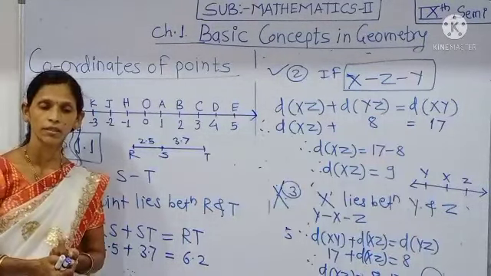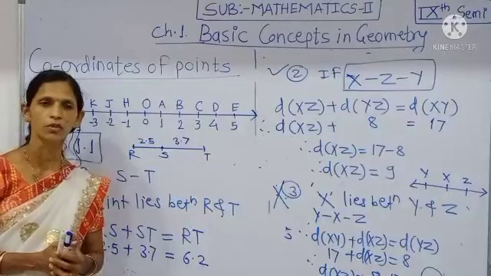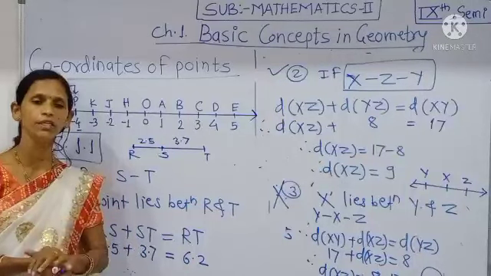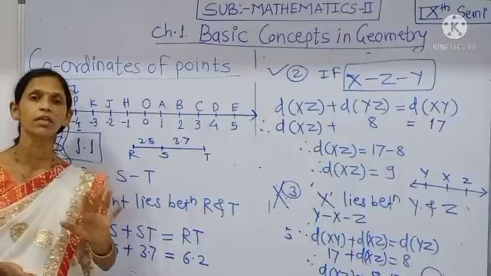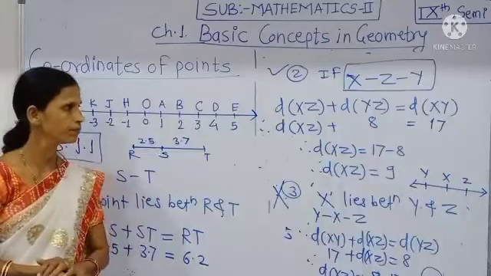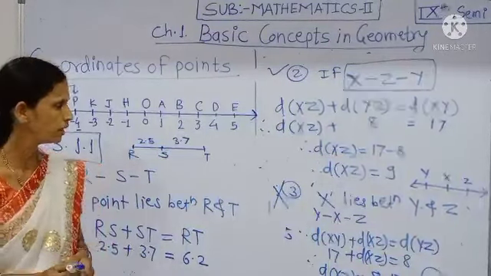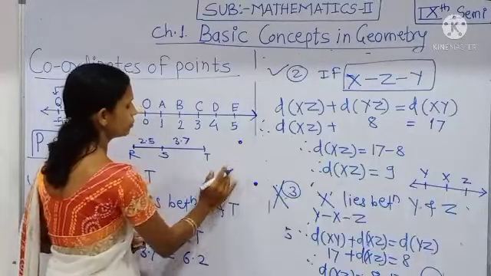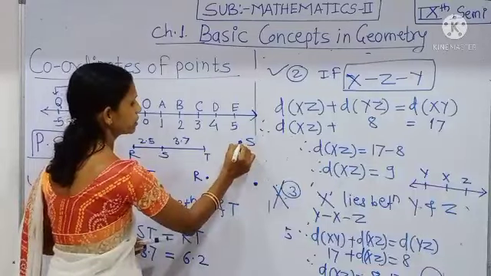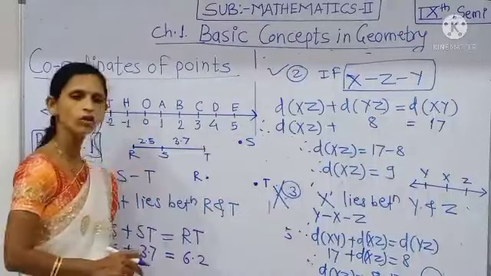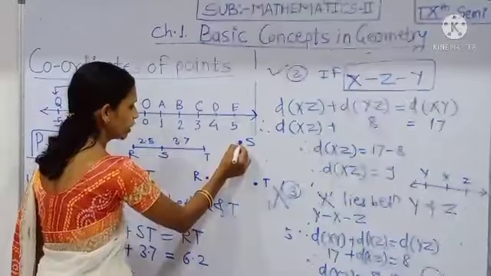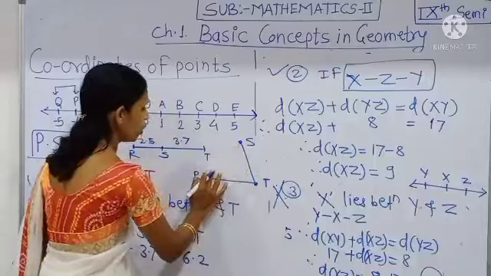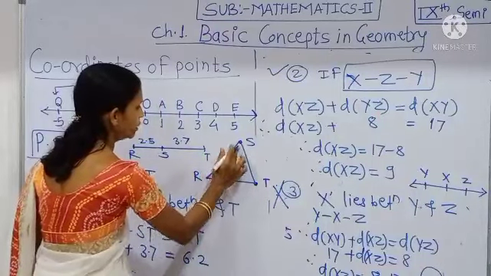Then the question is given here in question number 7, that is which figure is formed by non-collinear points. If there are 3 non-collinear points, suppose R, S and T, then we can draw the figure joining those points.